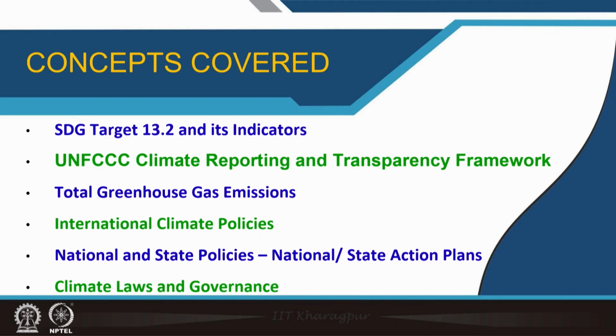Today, moving on, we will discuss the next indicator, numbered 13.2 as far as the SDG target is concerned, and also we will discuss the UNFCCC, United Nations Framework Convention on Climate Change, in terms of climate reporting and what are the available transparency frameworks.